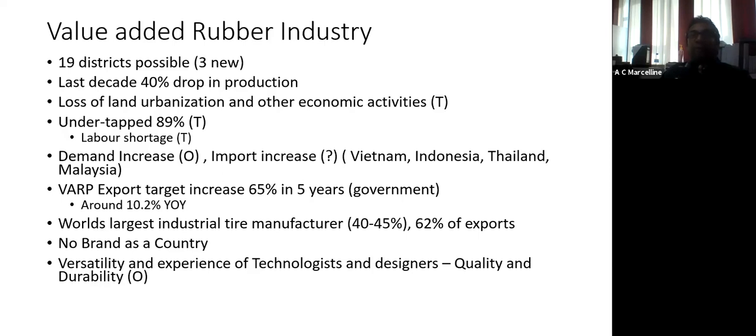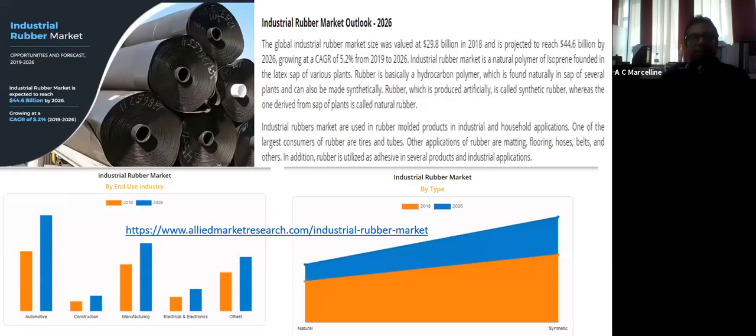So I've said that as a strength also, because Melta also have that, and you could see what the report says as far as the rubber industry is concerned, that the technologists and designers are readily available, and that's where our tires are doing pretty good.